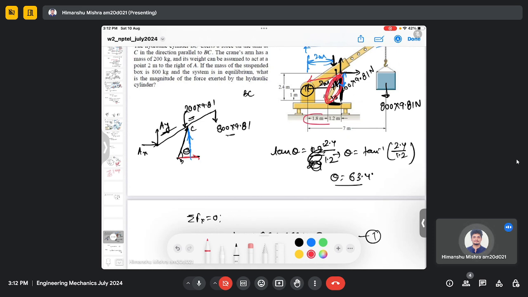So this is my perpendicular distance for BC cos theta, and this is my perpendicular distance for BC sin theta.